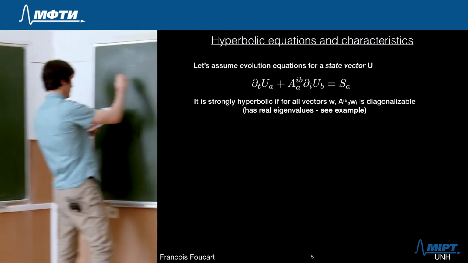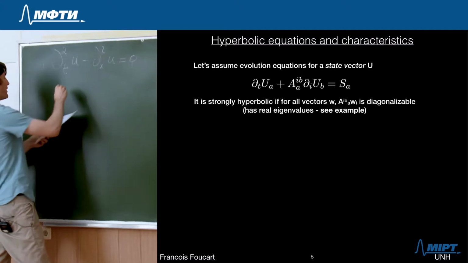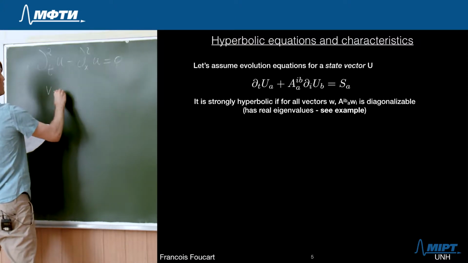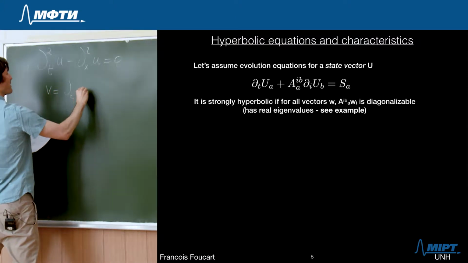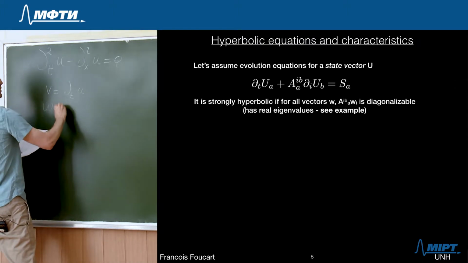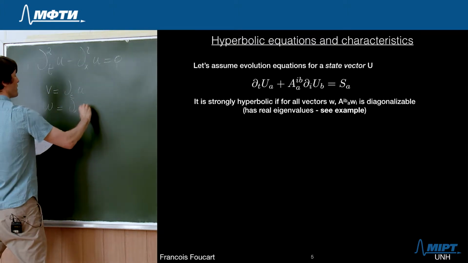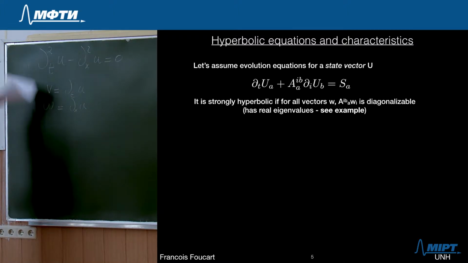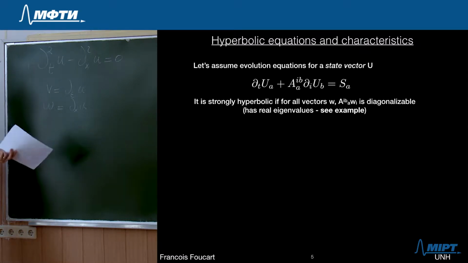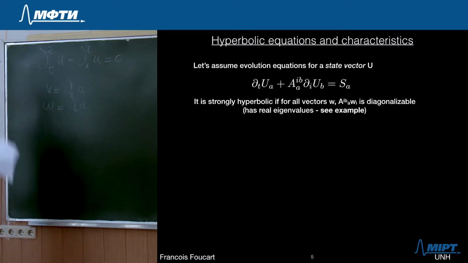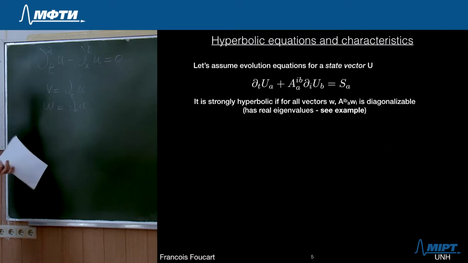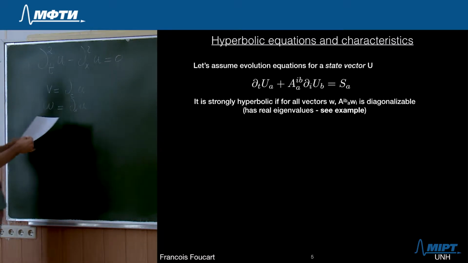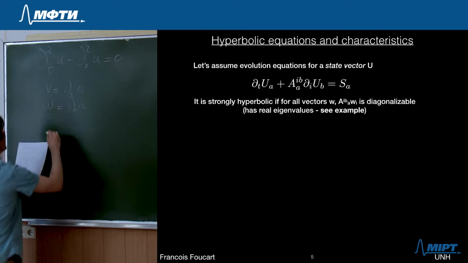And I can define, let me make sure that you define them the same way, v as the partial derivative of u with respect to time, and w as the partial derivative of u with respect to space. And then I can write these equations as first order equations for now a vector of variables instead of a single variable. So I have more variables, but I'm down to a first order equation, which is easier to do on a computer. Right?